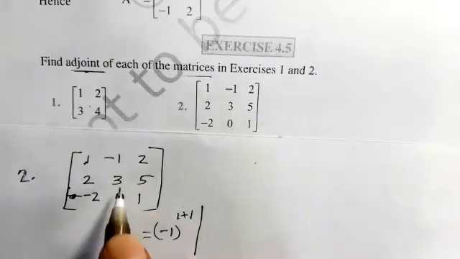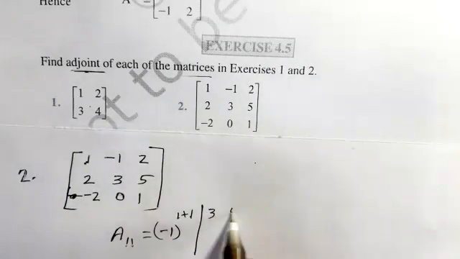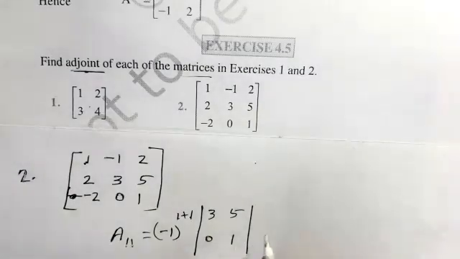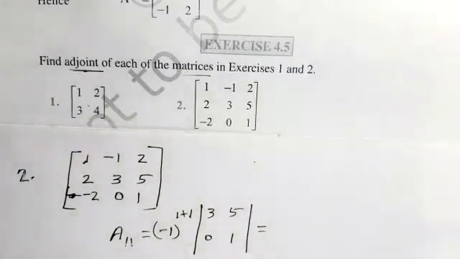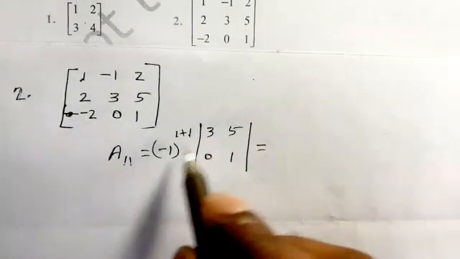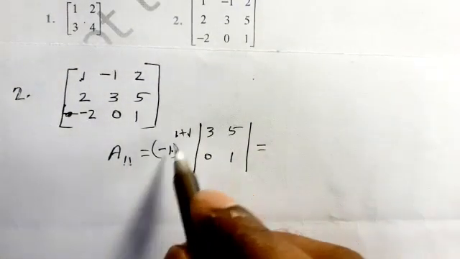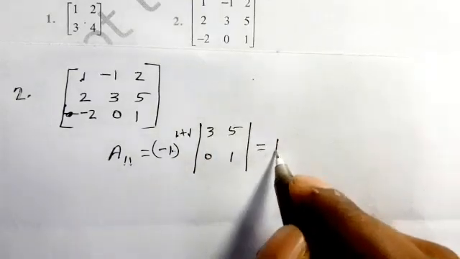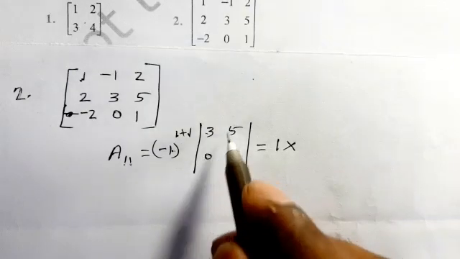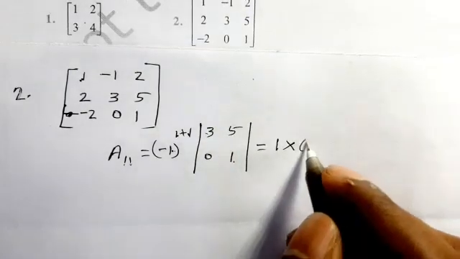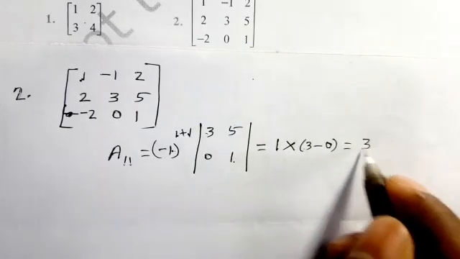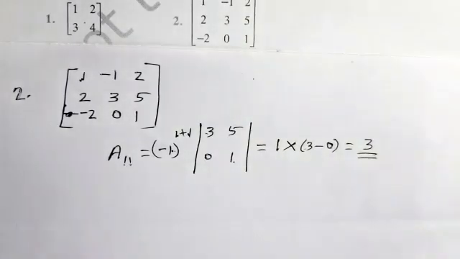So we get 3, 5, 0, 1. So what's the answer? 1 plus 1 is 2, minus 1 squared means it is plus 1. So 1 into 3 into 1 is 3, 0 into 5 is 0, 3 minus 0 is 3, and 1 into 3 is equal to 3. So the first element is 3.